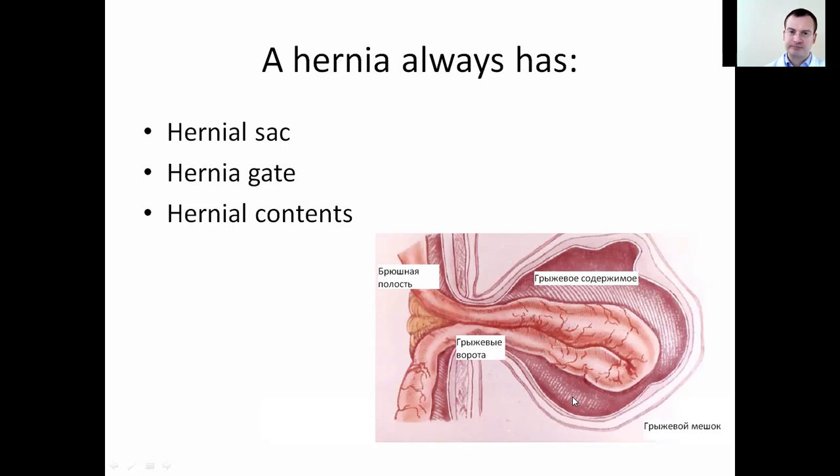I will draw it. So the hernia always has a hernial sac. This is it. Hernia gate. This is it. And hernial content. This is hernial content.